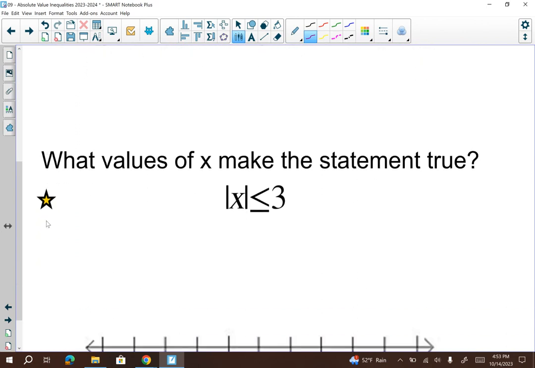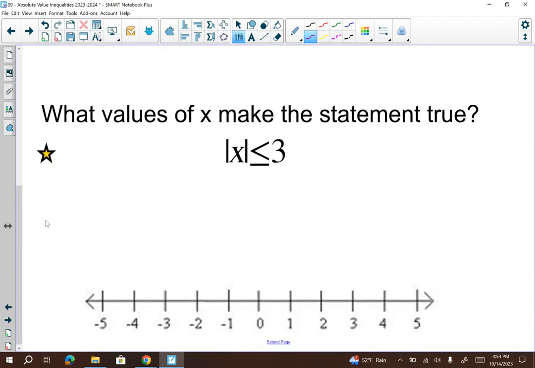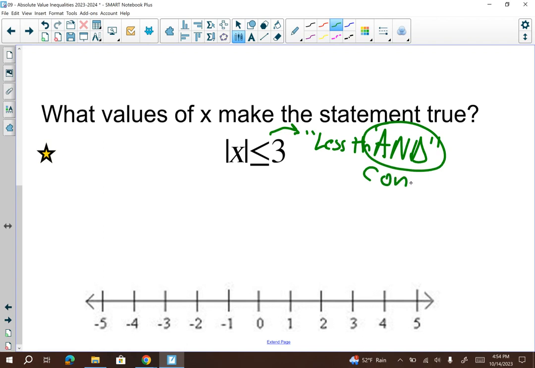On the other side of that, if we have less than or equal to, I always think of this one, I sort of read it to myself, less than, and is going to be a conjunction. Right? So we're going to have all the values, including 3 and -3, and everything in between.